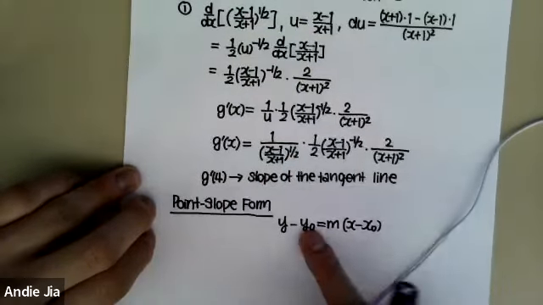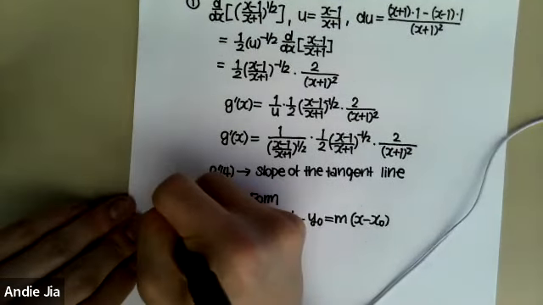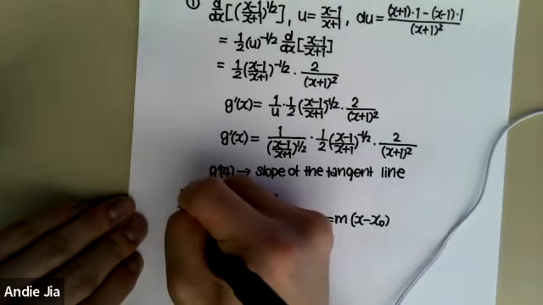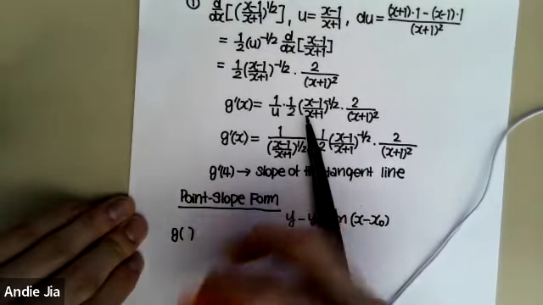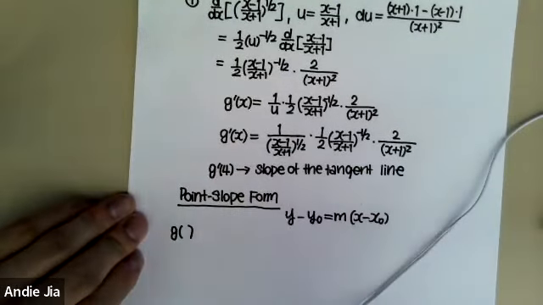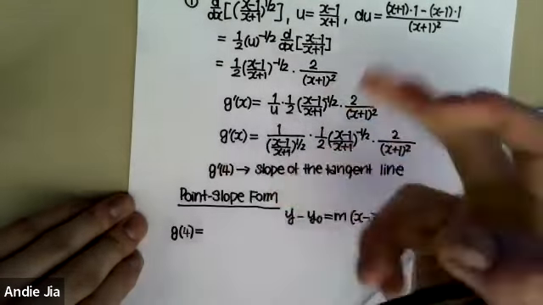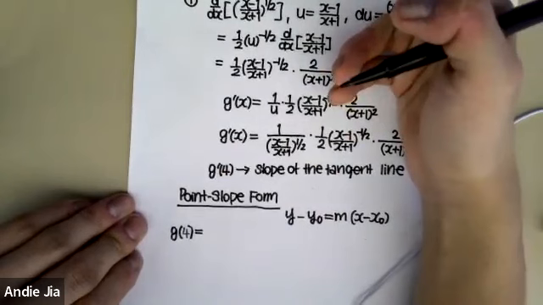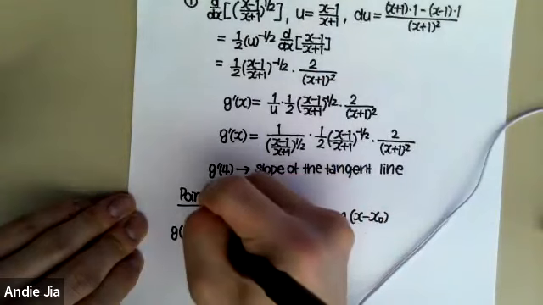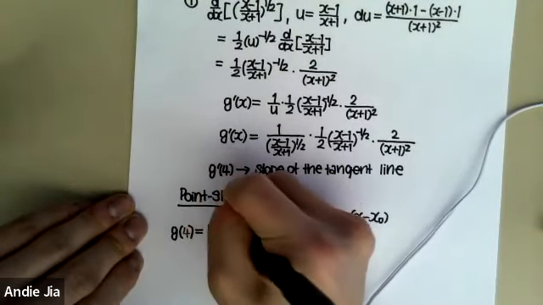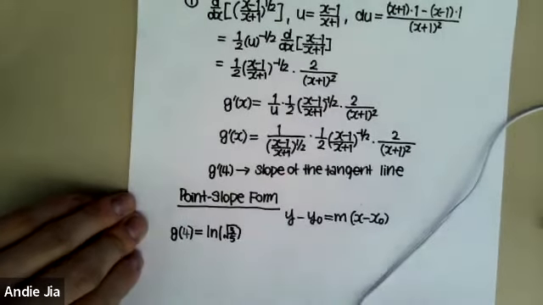We need to find y0, just plugging x equals 4 in. Forgive me for making those tiny mistakes. Plugging in 4, it's going to be natural log of square root of 3 over 5. We'll just leave it there because it's a nasty answer.